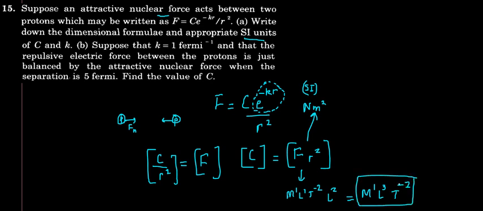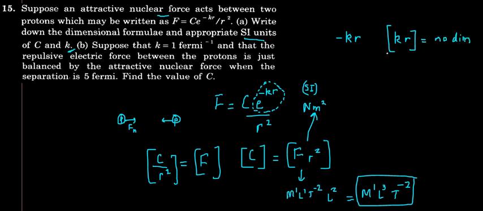We also have to find the dimensional formula and SI unit for K. K times r is a number, so that means K times r has no dimensions.